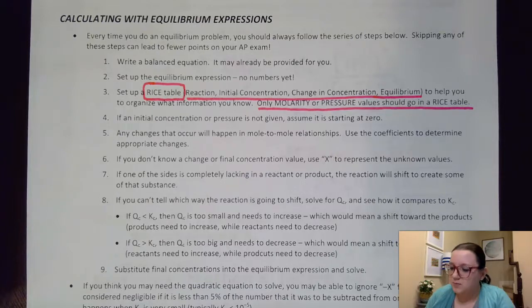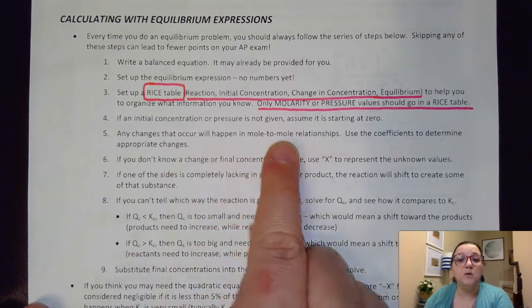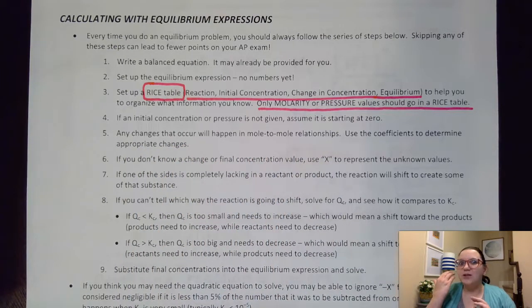However, something to keep in mind is that any changes that occur will happen in mole-to-mole relationships. So if there's a 2-to-1 ratio between two substances, then those changes are also going to be in that 2-to-1 ratio. And so we're going to need to use our coefficients in order to determine what appropriate changes would take place.